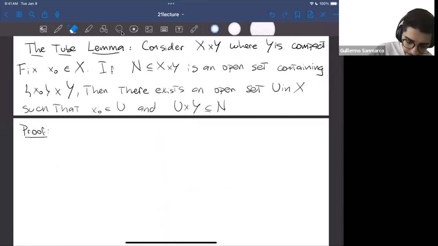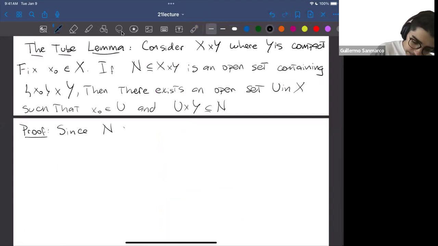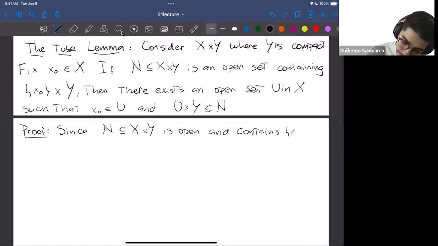So for the proof, let's write what we know. Our neighborhood N, a subset of X cross Y, is open and contains the entire slice, the slice x naught cross Y.